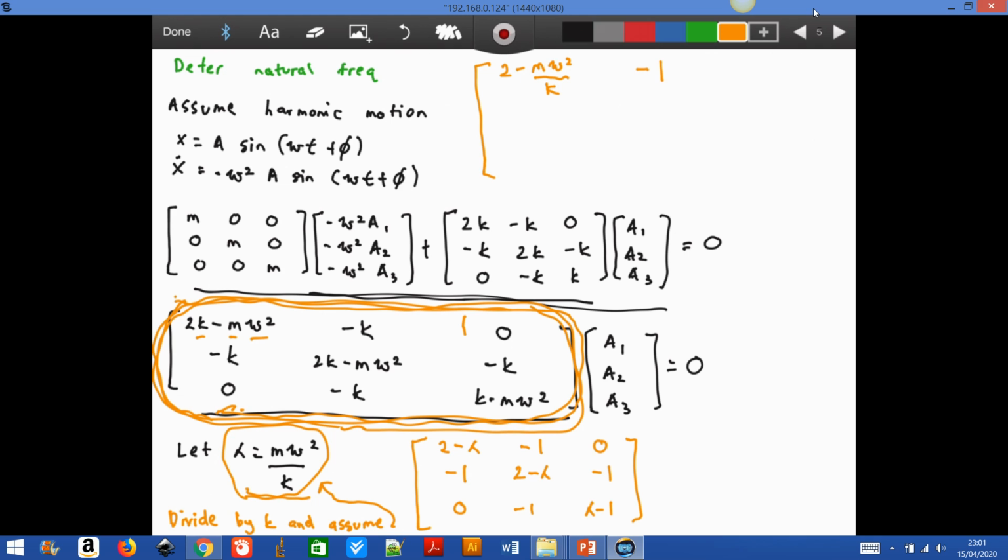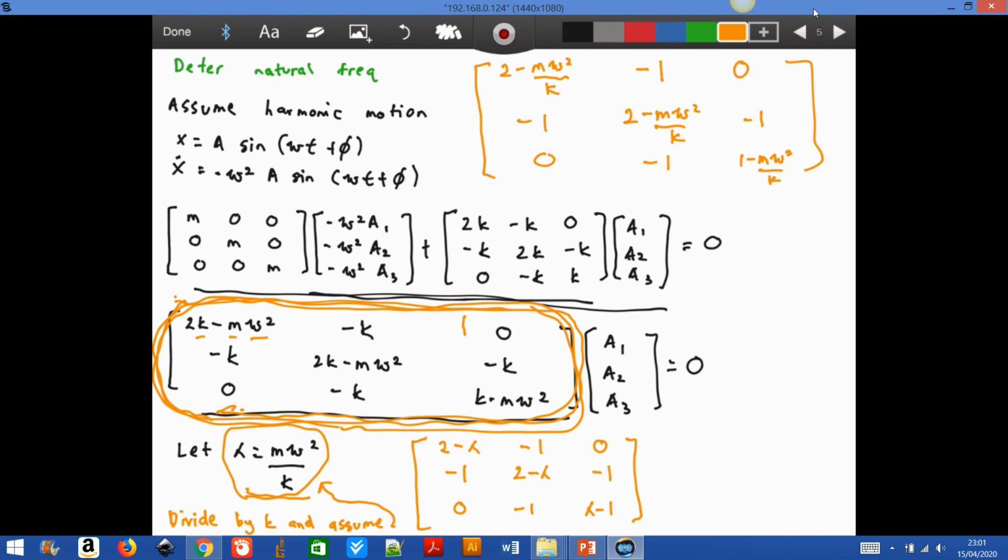This one becomes negative 1 because I divide everything by k. This one becomes 0, minus 1, 2 minus m omega squared over k, minus 1, 0, minus 1, 1 minus m omega squared over k.